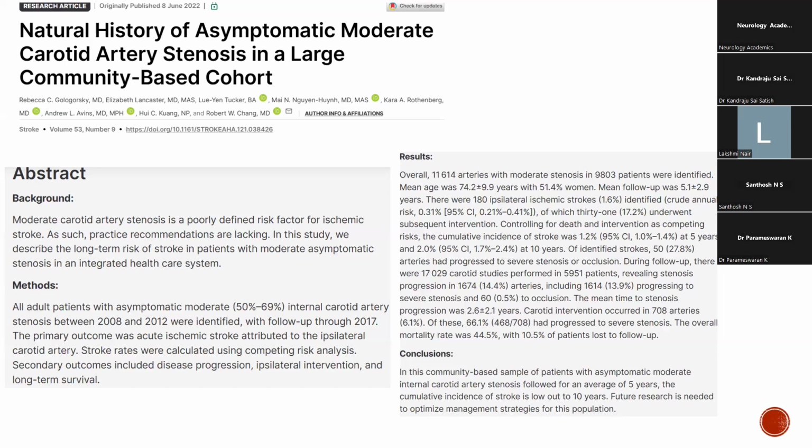Controlling for death as well as intervention as competing risks, the cumulative incidence of stroke was 1.2% at 1 year, 2% at 5 years and 2% at 10 years. So she found that in this community-based sample of patients with asymptomatic moderate stenosis.